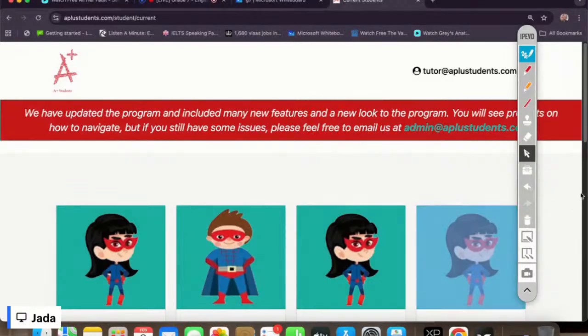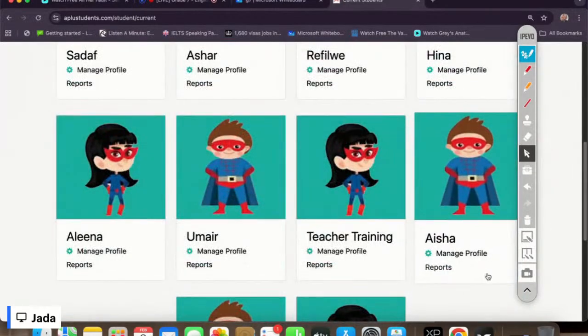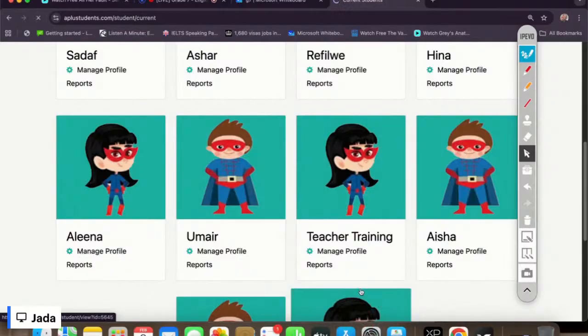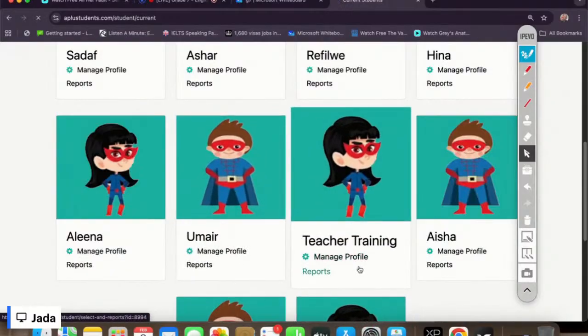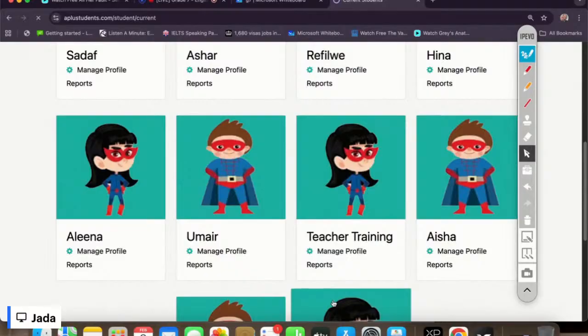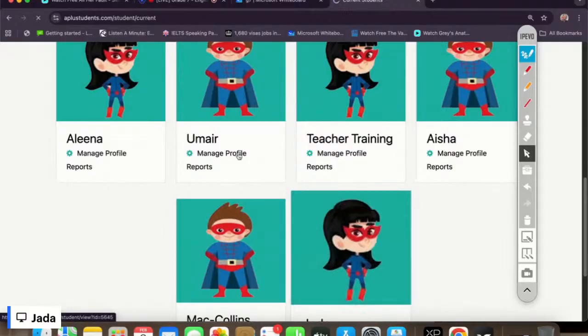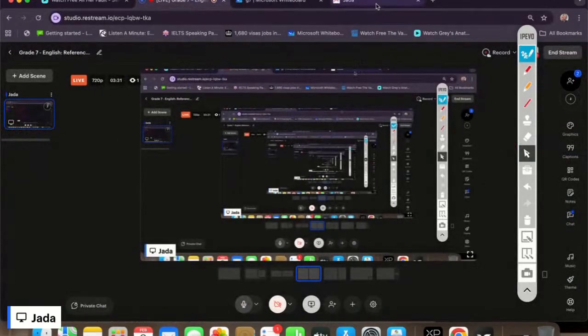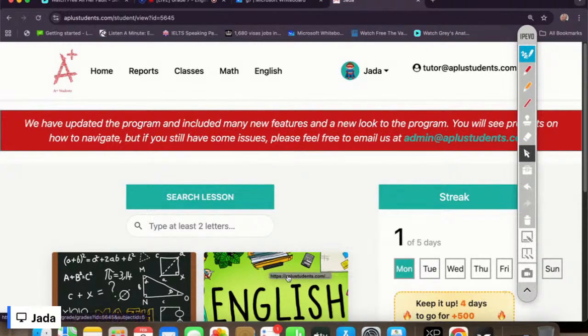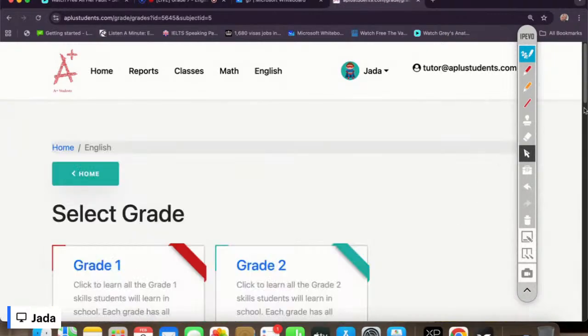Alright, so I'll take you through logging in. After clicking on aplusstudent.com, move over here and click on your name. Then you go to English, which is language arts.